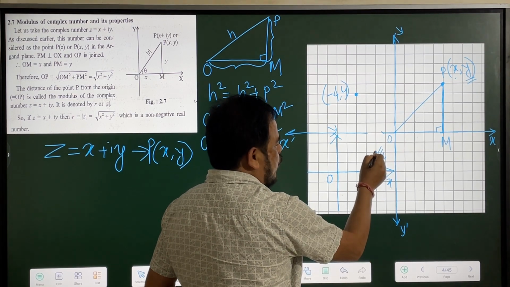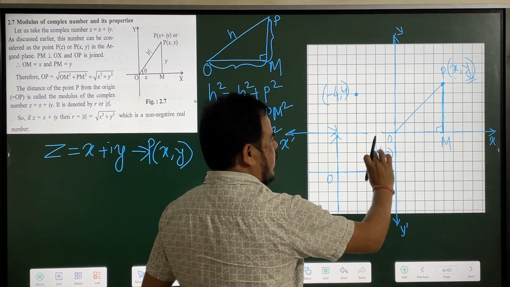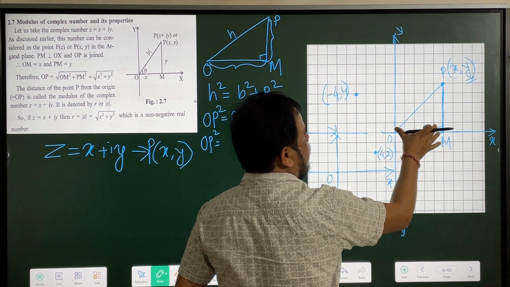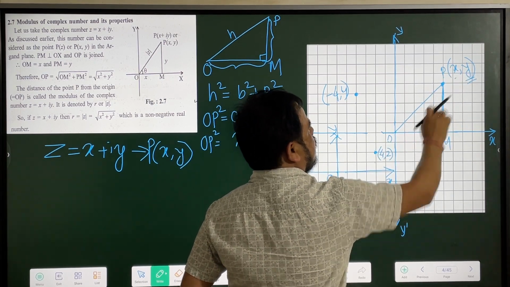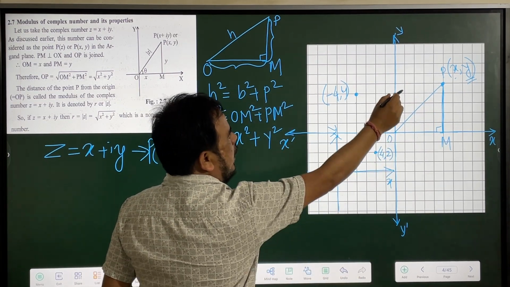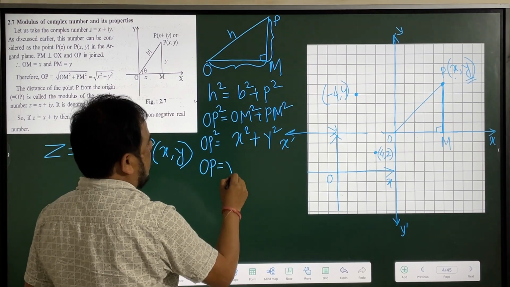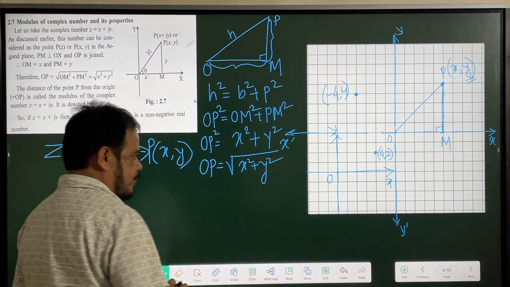Then 1, 2, that is 2. The first number is the count along the x-axis, the second number is the count along the y-axis. So like this 4, 2 becomes x, y. So OP square is x square plus y square.